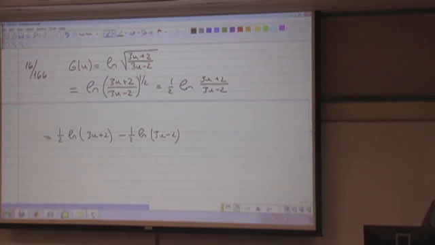Less ugly. Yeah, that was a lot easier. Right? So now g prime of u will just be 1/2 times 3 over 3u plus 2 minus 1/2 times 3 over 3u minus 2.